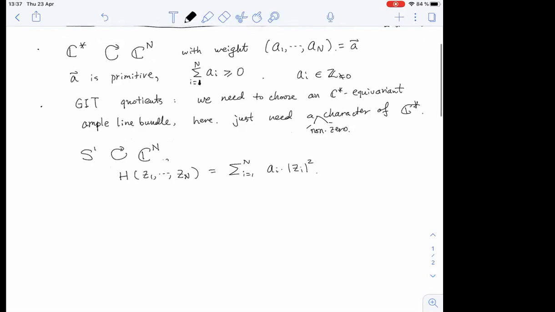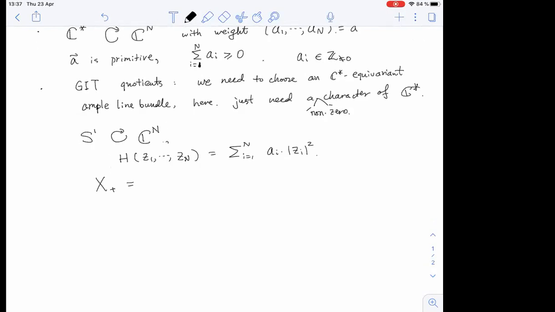The two quotients, let me denote by X plus and X minus. X plus will be, say, h inverse of some positive number, and then quotient by S^1, and X minus the negative one, quotient by S^1.